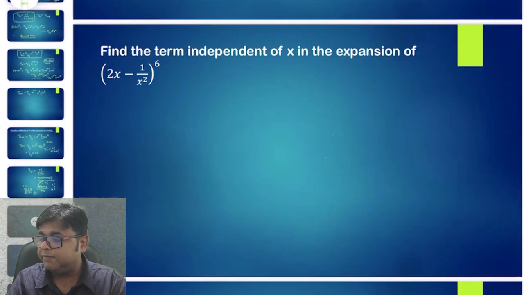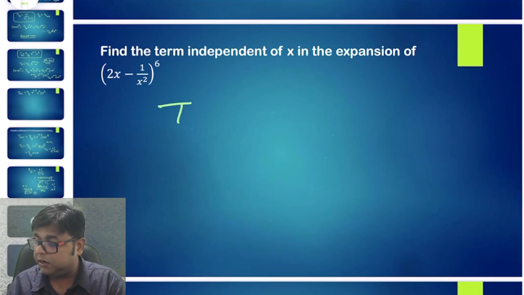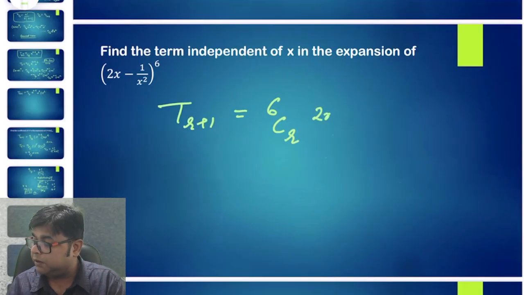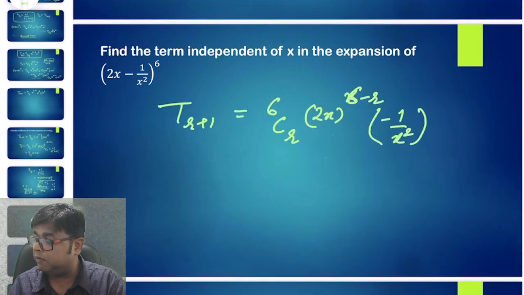Now they say find the term independent of x in the expansion of this. So I'm going to write the general term T(r+1) will be 6Cr (2x)^(6-r), sorry, and (-1/x^2)^r.